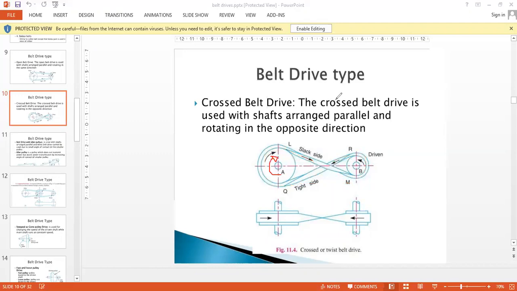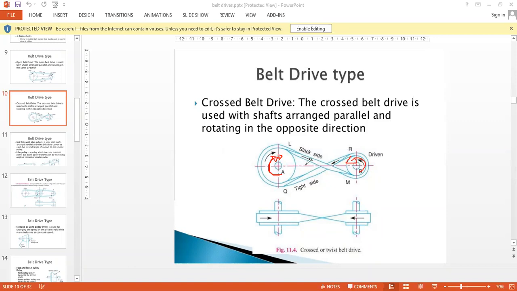The first thing is that if the driver pulley rotates in one direction, the driven pulley, since it is a cross belt drive, rotates in the opposite direction. This is one of the differences between the cross belt drive and the open belt drive.